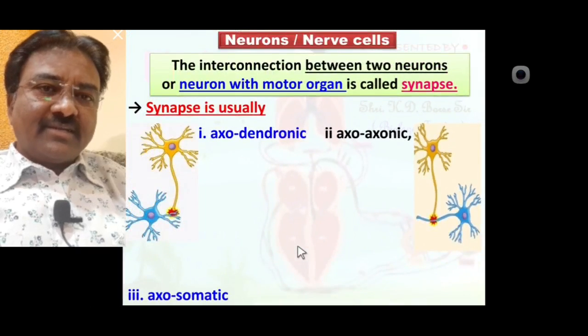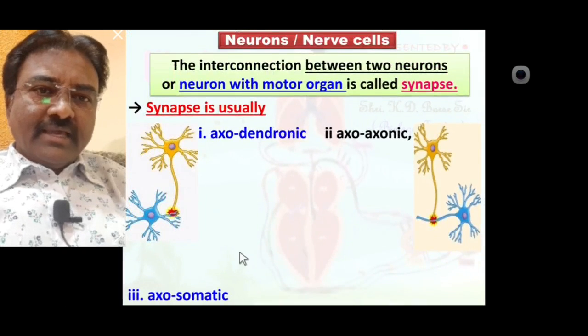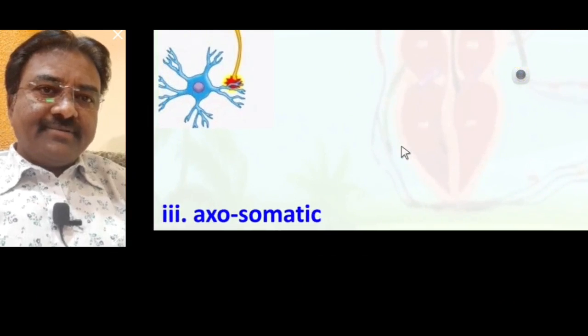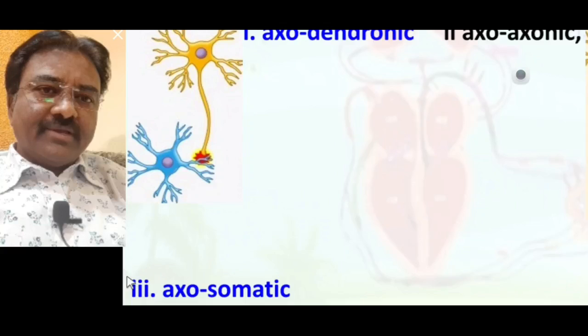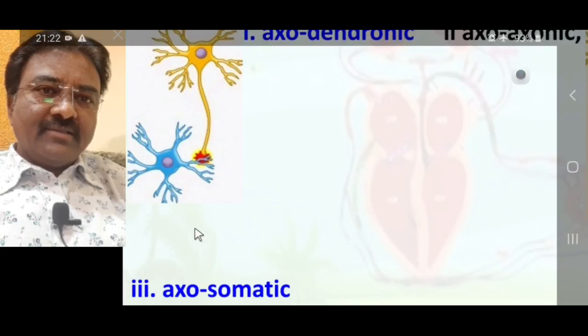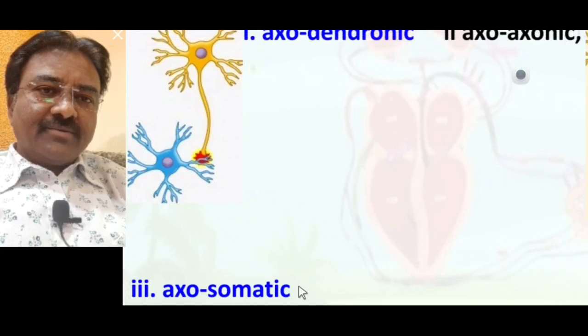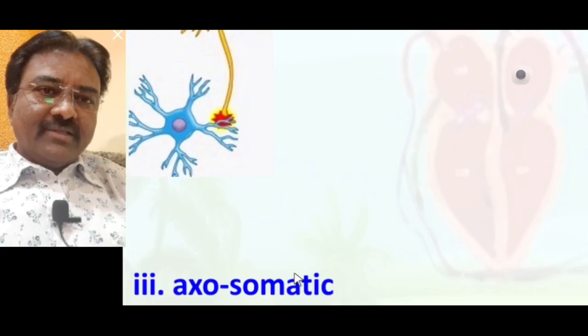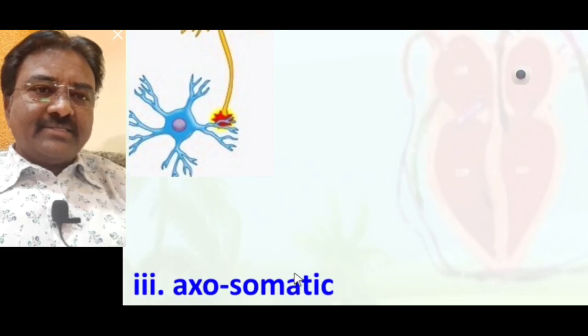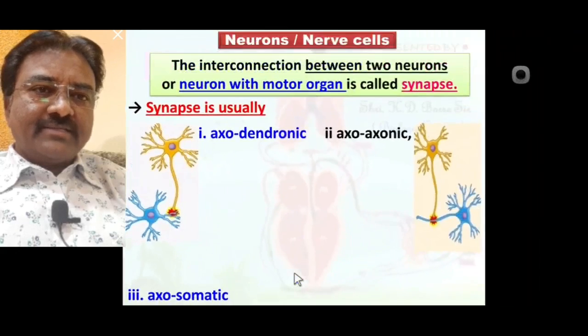Now third type, exosomatic type, means one neuron axon part, other neuron is located to somatic organ. So in between them the present synapse is called as exosomatic synapse.